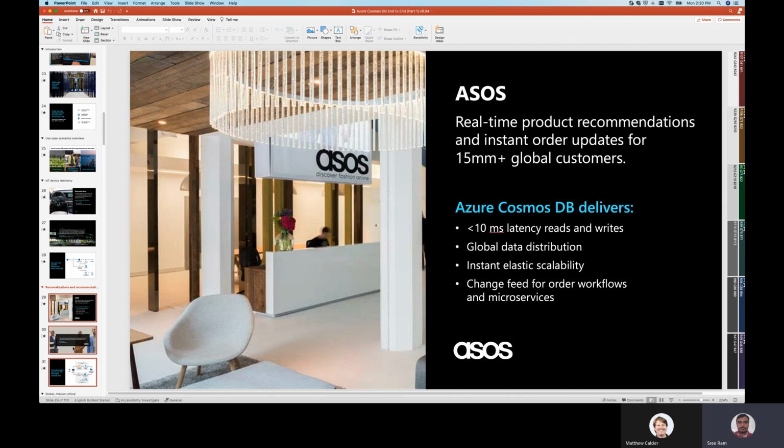So therefore, order workflows are very complex. Though they operate as independent microservices, the ability for them to communicate with each other and to process in a certain order is very important. And this is where change feed of Cosmos DB comes in handy, and we will see that as we go.